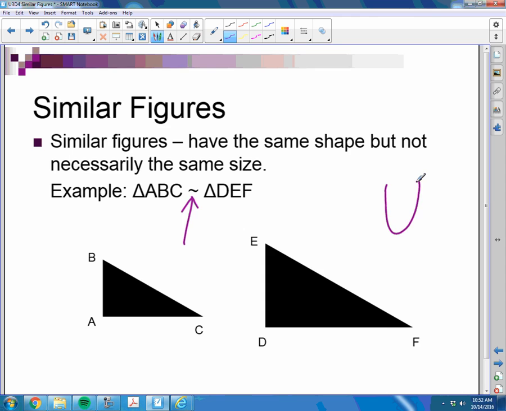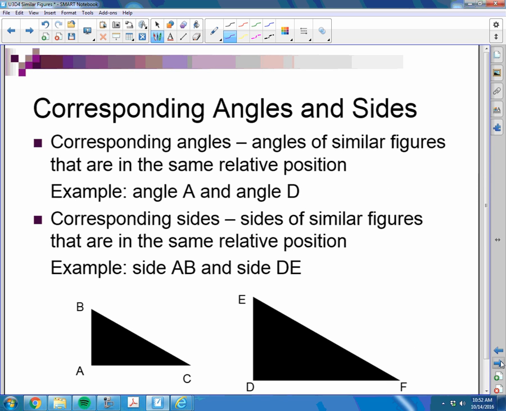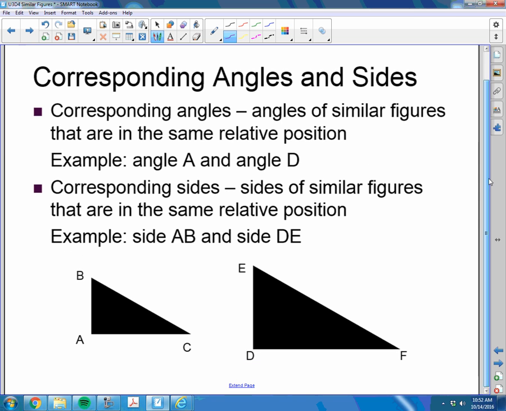Okay. So let's get to the next one now. This is where it gets important. Listen up. Corresponding angles. Corresponding angles are angles that are basically in the same place on two different figures.